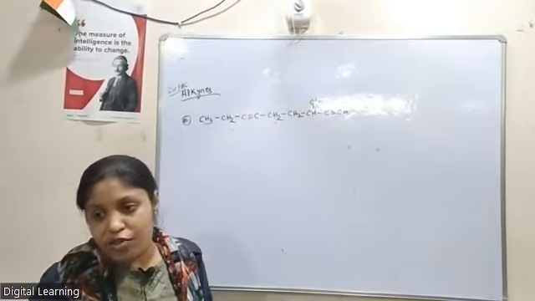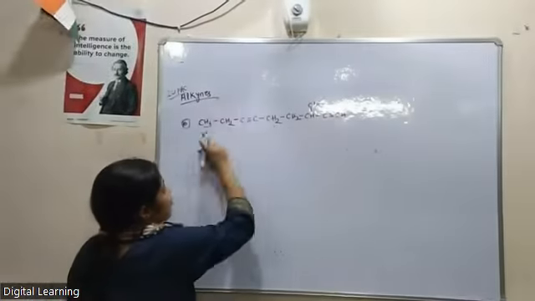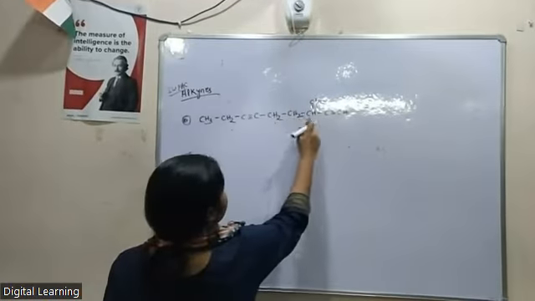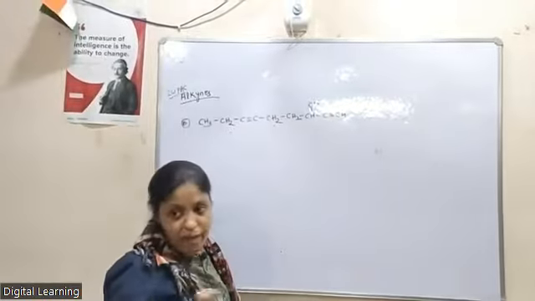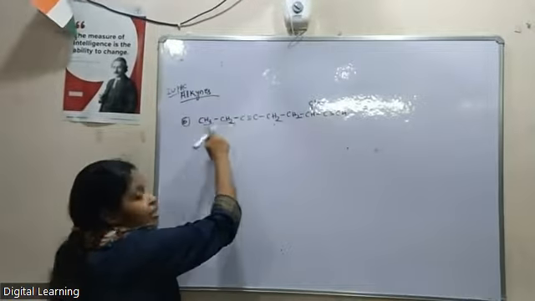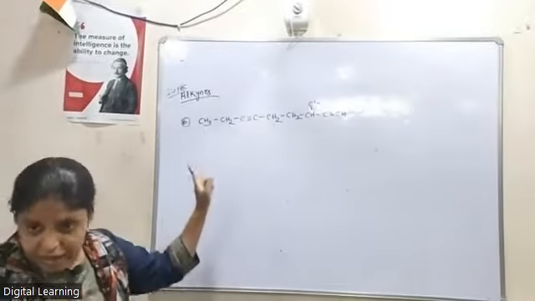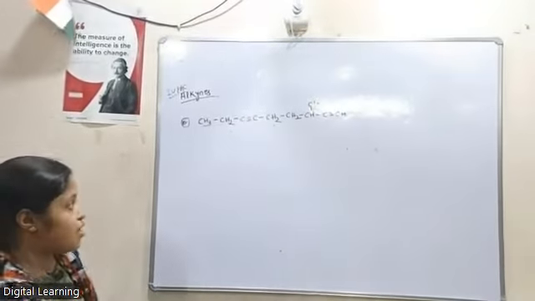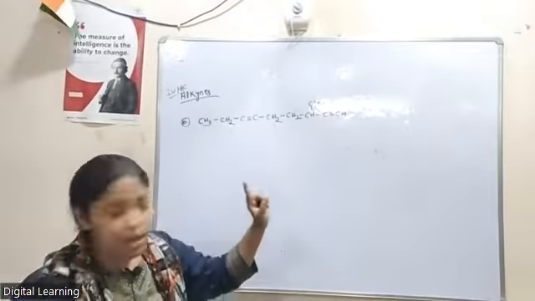Including both the triple bonds, we have to choose the main carbon chain. So 1 2 3 4 5 6 7 8. If this is the chain, then this triple bond will be excluded. Then 1 2 3 4 5 6 7 8 9: this is the main carbon chain, the longest carbon chain. Then we have to do numbering.